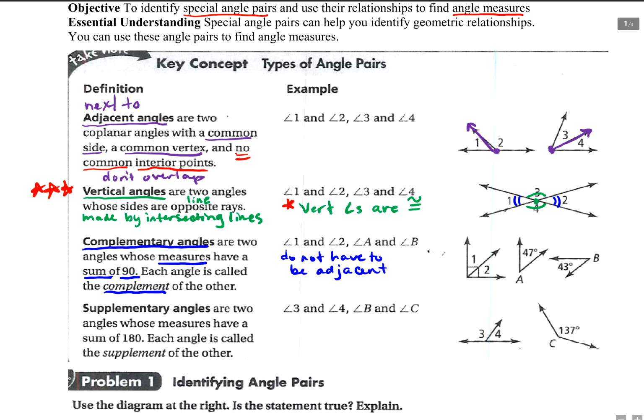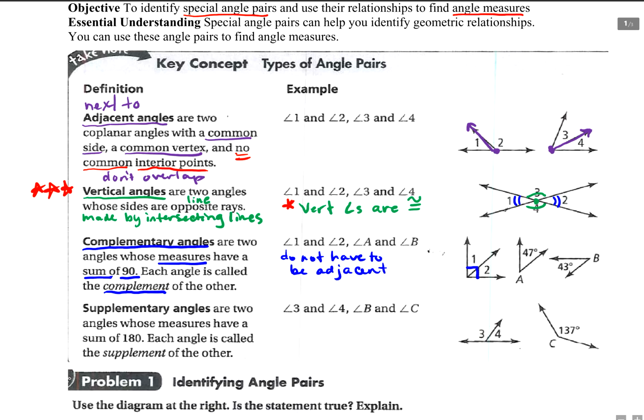Now, if we look here, we have angle 1 and angle 2. They are adjacent, but we have a mark here that tells us those are right angles. So we know that those measure 90 degrees. So the measure of angle 1 plus the measure of angle 2 would equal 90 degrees. And angle 1 and angle 2 are considered complements of each other.